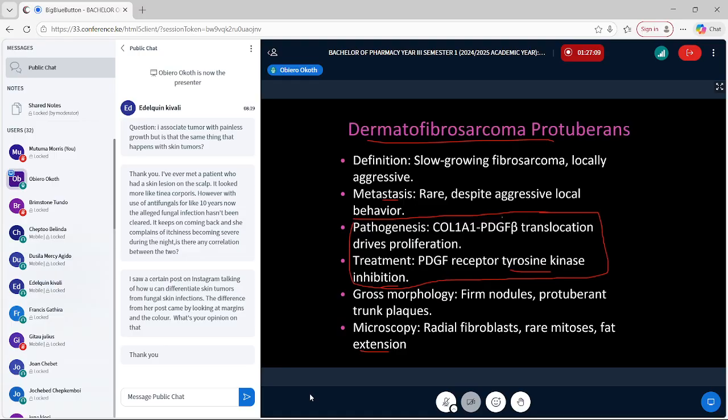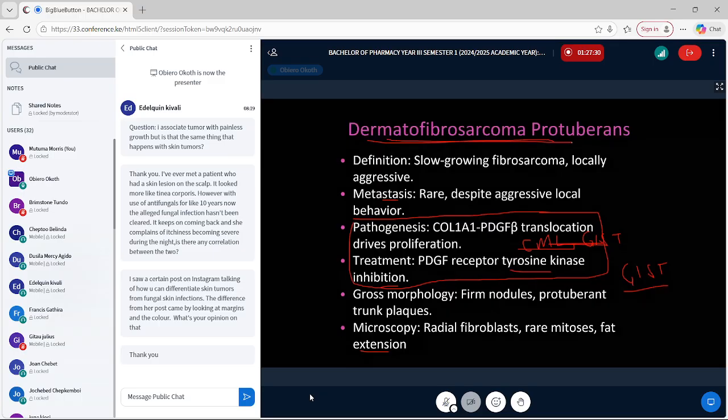The same drug we use for CML, a tyrosine kinase inhibitor, is the same drug we use here. The same drug we use also for metastatic GIST in the GIT. So it's also the same drug we use for dermatofibrosarcoma protuberans.